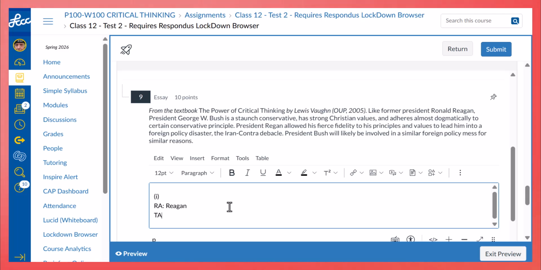Target analog: Bush. Known similarities: Christian conservatives. Inferred similarities: foreign policy disasters.